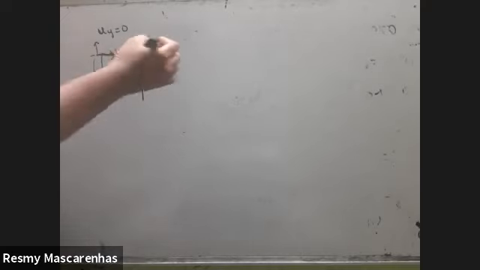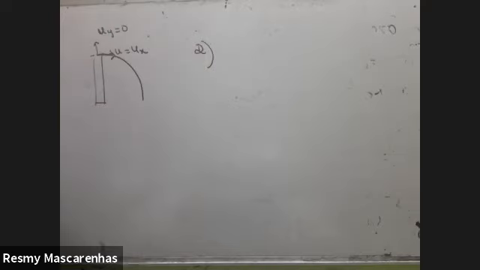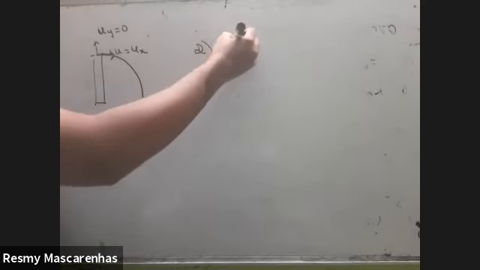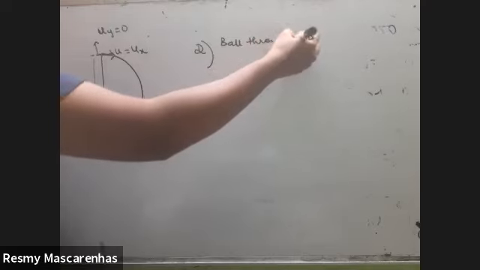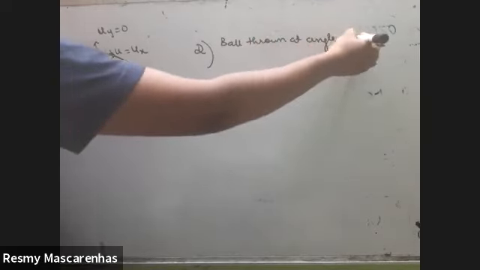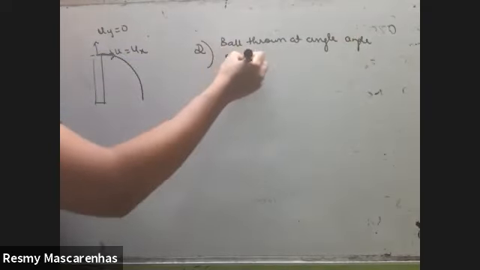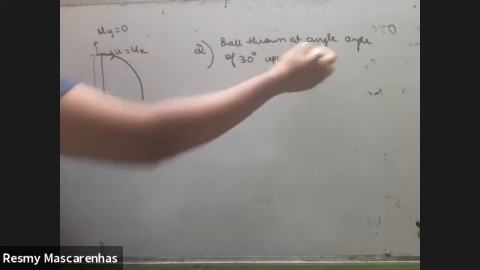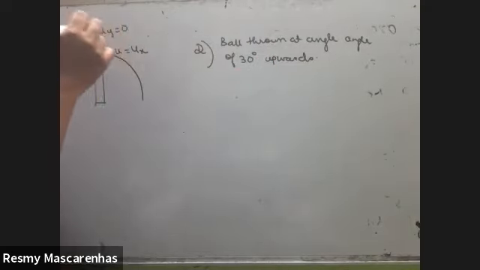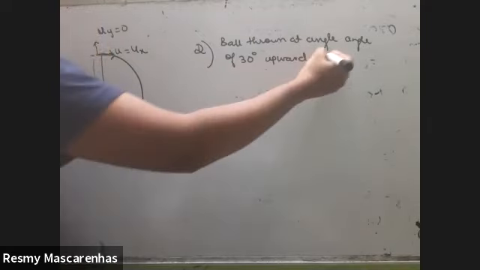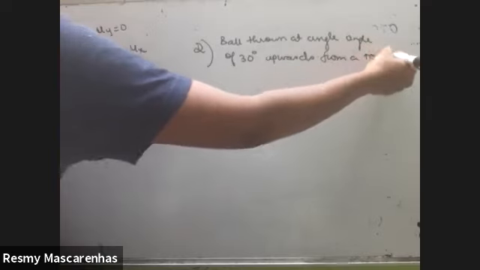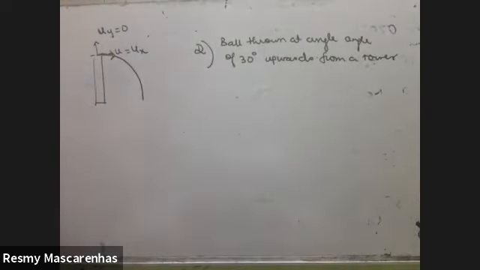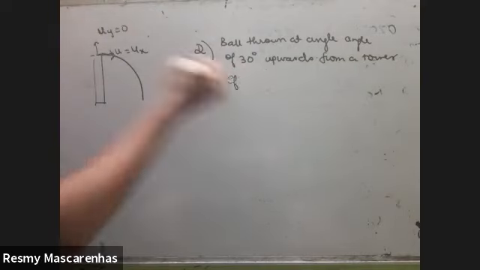Now this second problem. Now the ball is thrown at an angle from a tower of height 20 meters. Same condition.